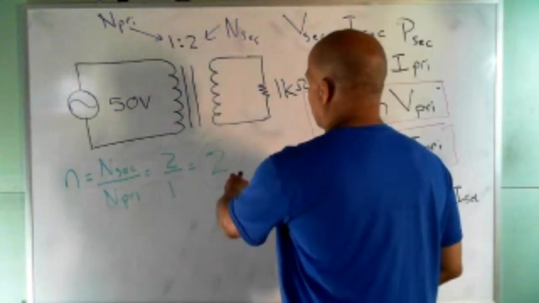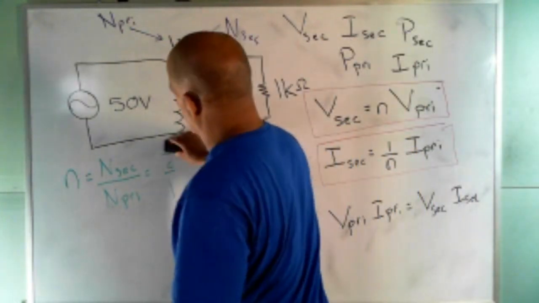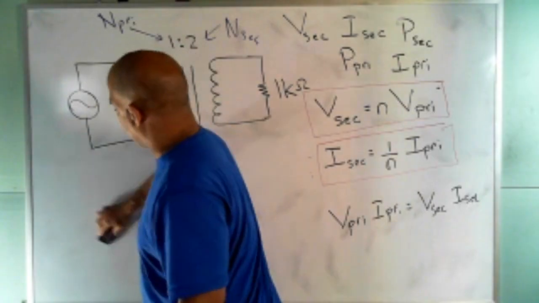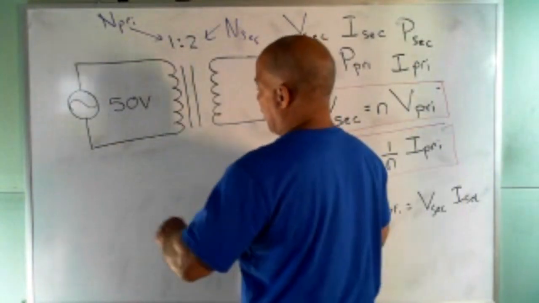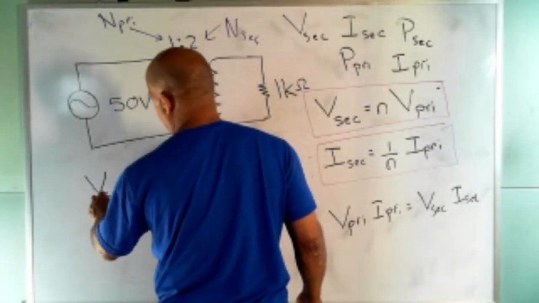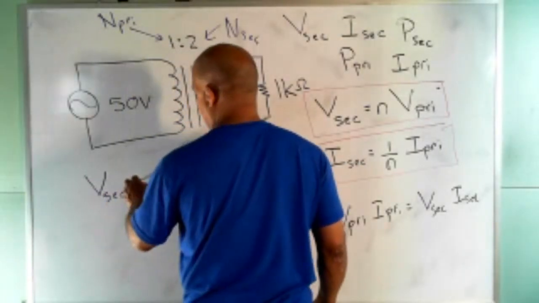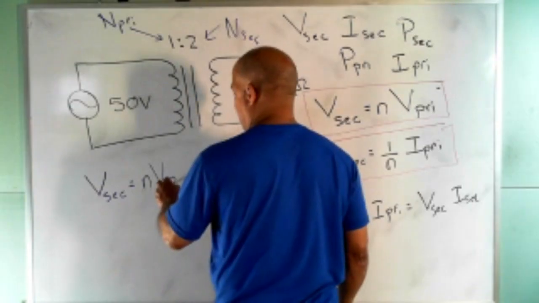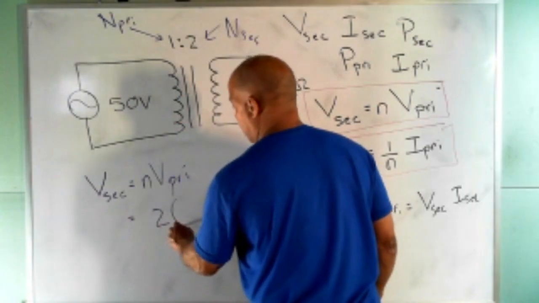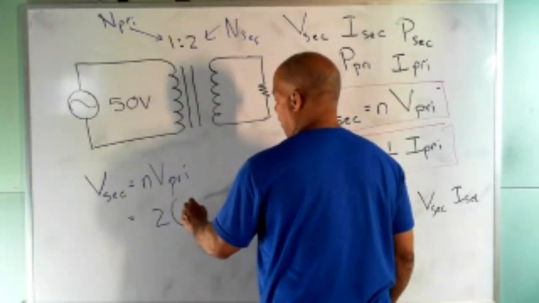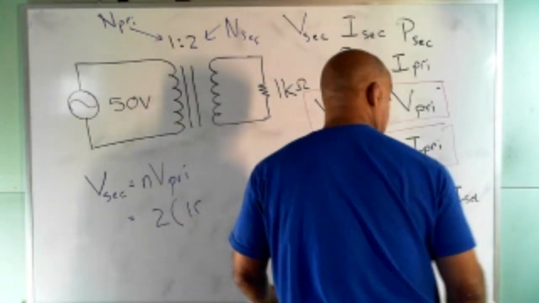So we know that this is 2. Since I know that's 2, I can use the transformer equation to get V sec. So V sec is going to be n times V pri. We've got 2 for the turns ratio, and my primary voltage is 50 volts, not 10 volts.